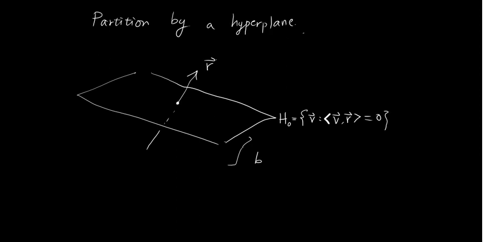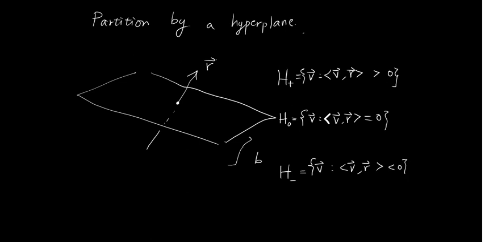Okay, but then there is another space. By space, I mean a region, an area that collects all the vectors where V inner product with R is positive. On the other side, you have another region where the inner product of V and R is a negative number.